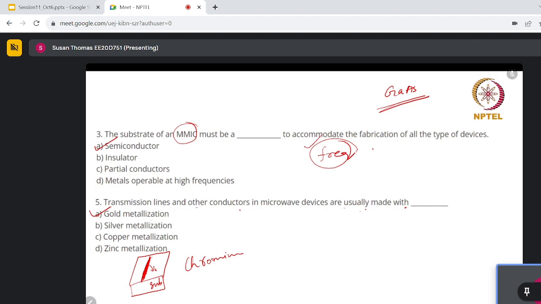And what is the speciality of chromium? These are relatively lossy metals, whether it is chromium or titanium. So we have a thin layer of such metals just to improve the adhesion of gold to the substrate.